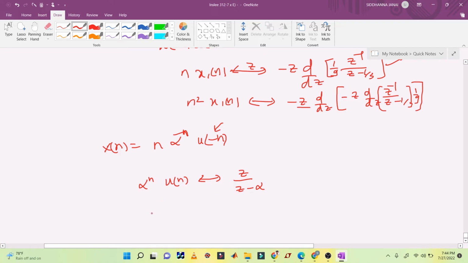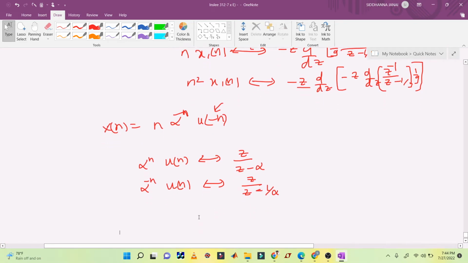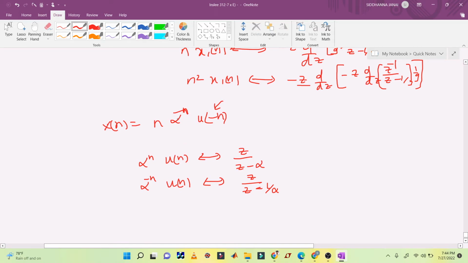Now if I say alpha to the power minus n u of n, the z transform is z divided by z minus 1 by alpha. Now we have got alpha to the power minus n u of n. Now u of minus n you want, that is the time reversal. So alpha to the power minus n u of minus n.